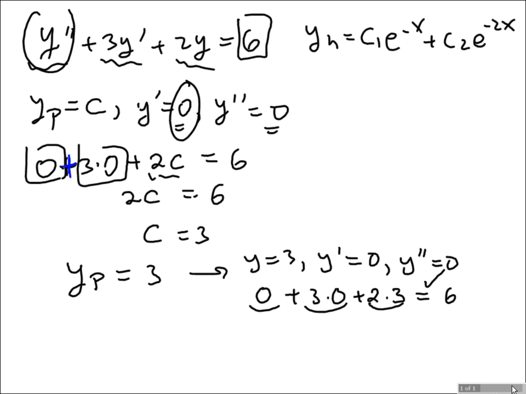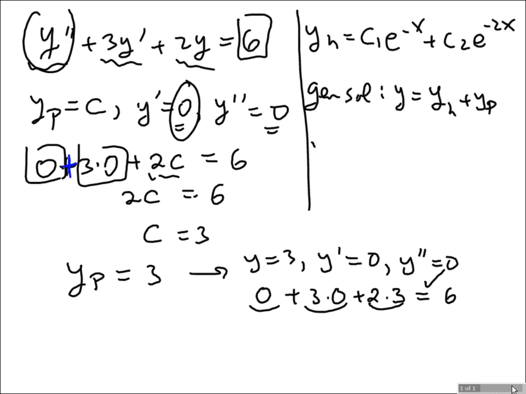Okay. So what we can do now is write down the general solution. The general solution is always y is equal to y homogeneous plus y particular. So the general solution will be this: c1 e to the negative x plus c2 e to the negative 2x.